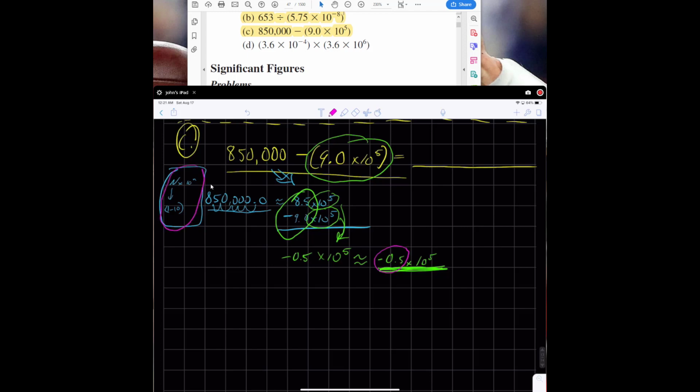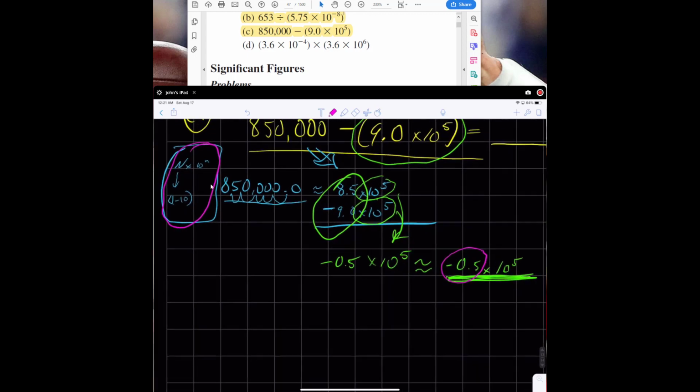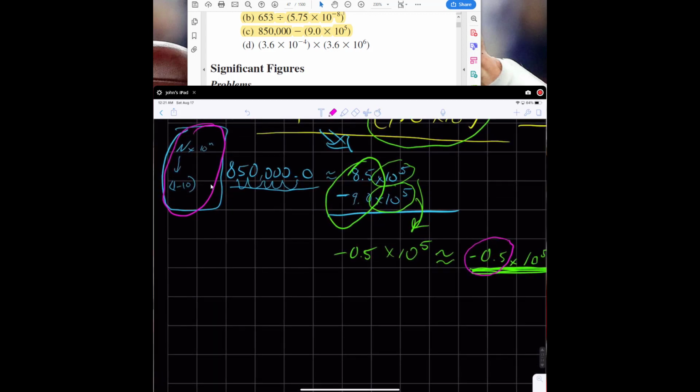So, going by this rule right here, using this rule, we have to change up the negative 0.5. What are we going to do?